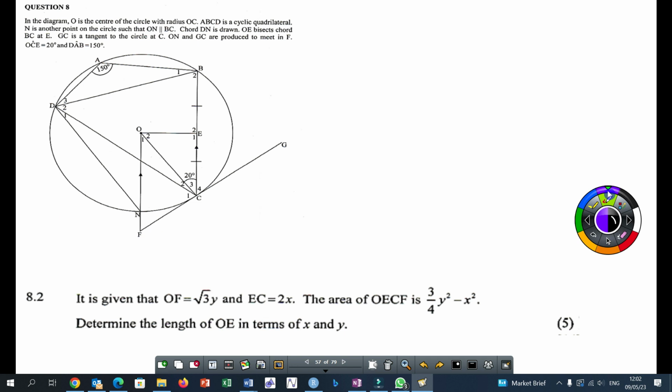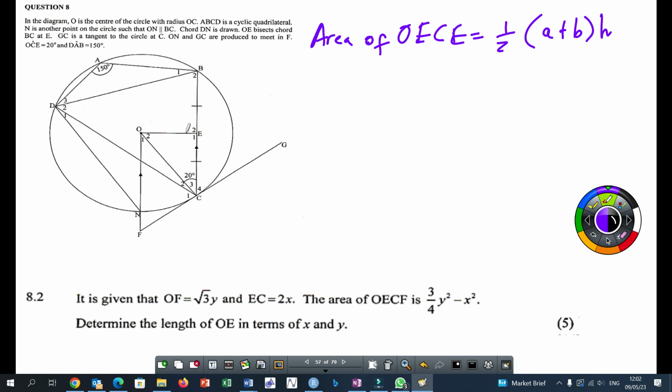Right? So the area of a trapezium, okay, area OECF is going to be equal to half times the sum of the two opposite sides that are parallel times the perpendicular height.